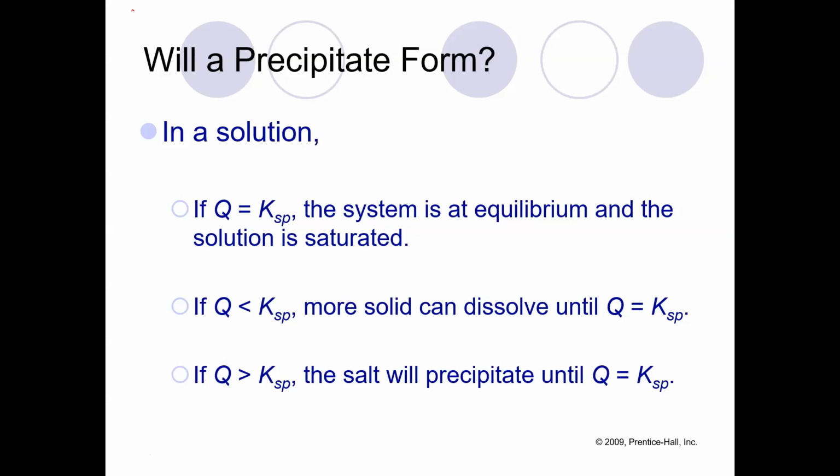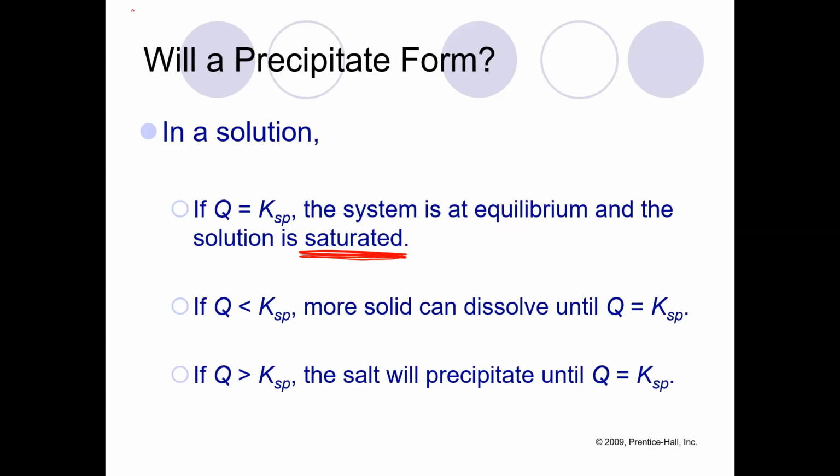The only time when we know that right now is at equilibrium is when the number I get for Q is equal to the number that we were given for K. So when Q equals K, in chapter 15 we said, oh, it's at equilibrium. All I'm adding here is, when we're talking about solubility product, the other word they could use instead of equilibrium is saturated. Saturated is actually not a new word for us this semester.